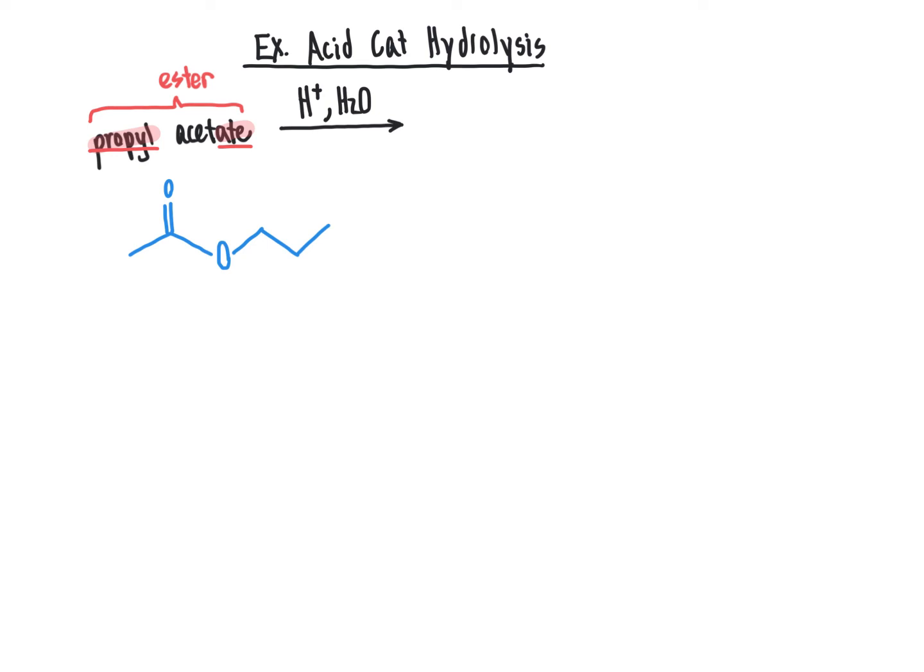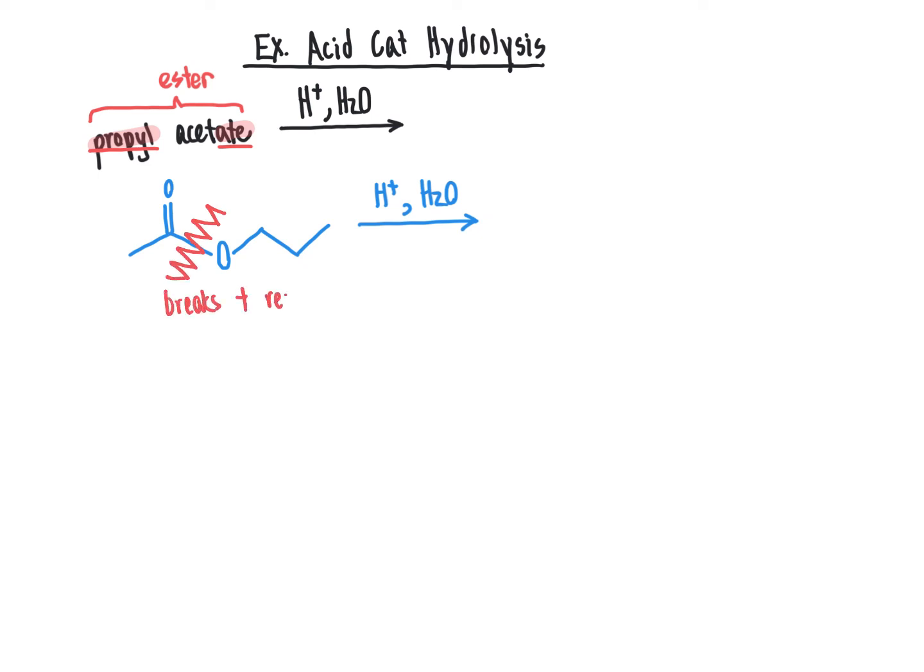So with propyl acetate drawn out, reacting with our acid catalyst to speed up the reaction, and water present, what we would expect as a pairing of an ester reacting with water is an acid-catalyzed hydrolysis reaction where the bond that breaks is going to be this bond right here.